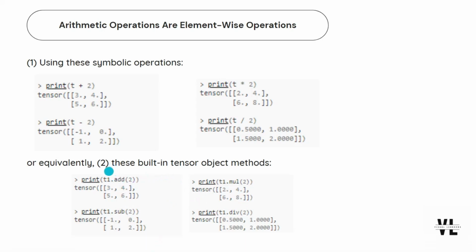Remember that we use the tensor object T1, then use the add method, and then pass as a parameter the element which we want to add to the first tensor. Here we can put a tensor or a scalar as a parameter, and it performs the same operation and gives us the same output.